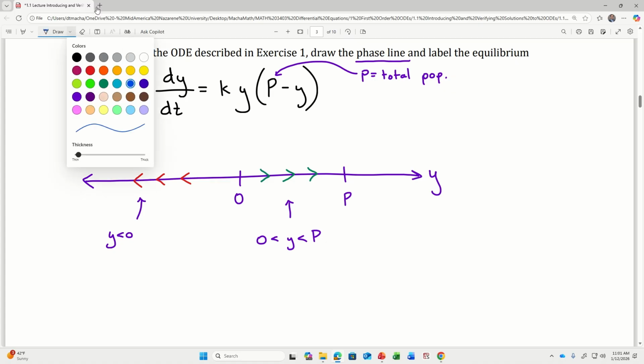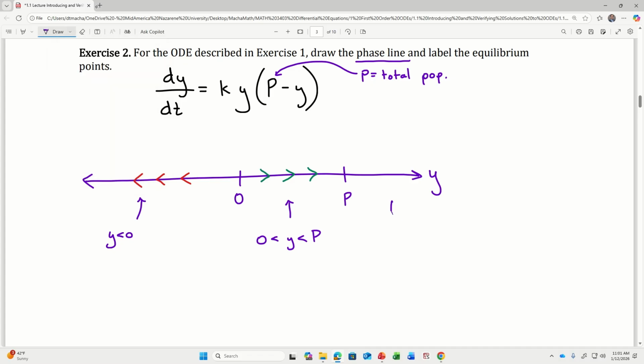Just for kicks, because again, this also wouldn't really be part of the physical solution to our problem, but just out of curiosity, what would happen if y is greater than p? That means you have more infected individuals than the total population, right? Does my differential equation tell me that y is moving to the right over time or moving to the left over time?